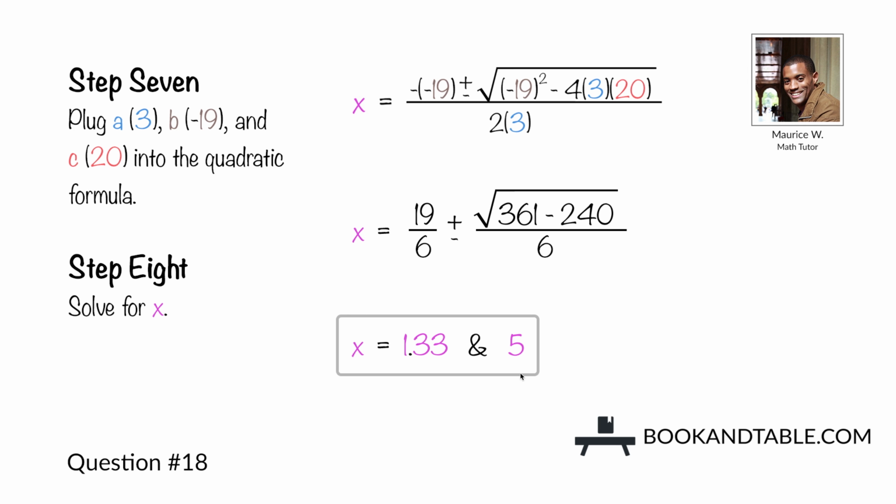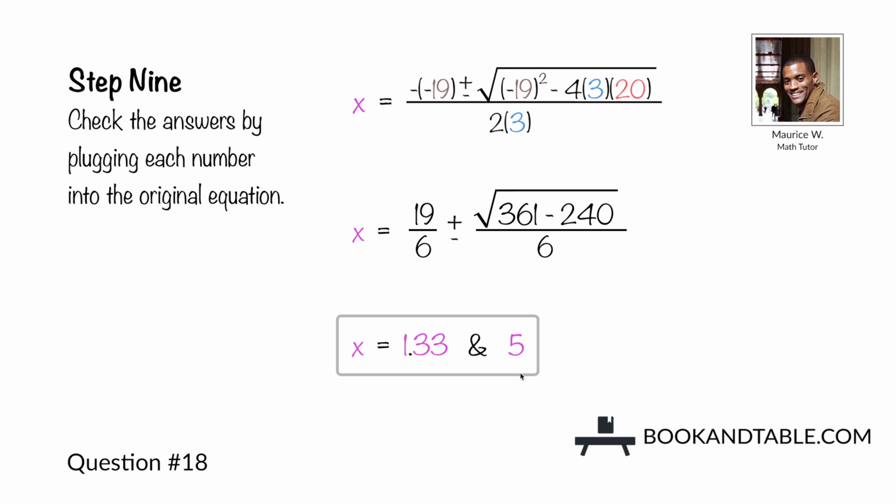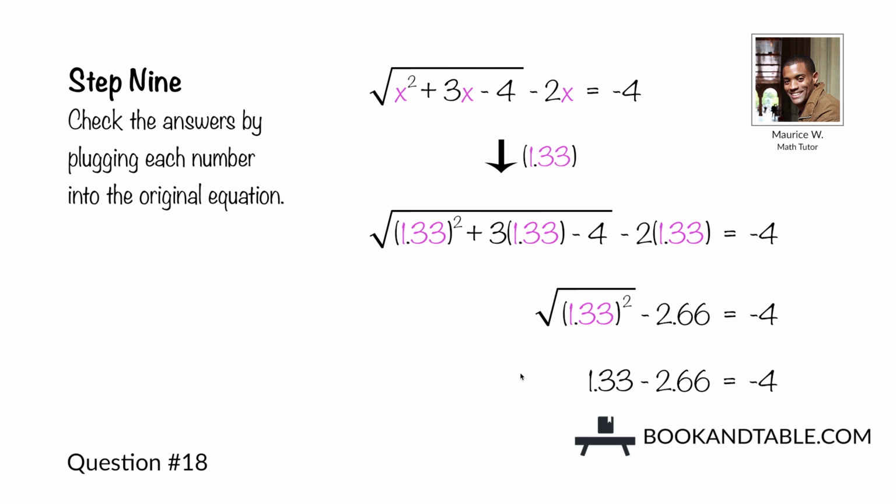And now we check the answer by plugging each number into the original equation. So we plug in 1.33 into all three places where we see x. When we do so, underneath our radical, 3 times 1 1/3 is equal to 4. 4 minus 4 leaves us with 1.33 squared.